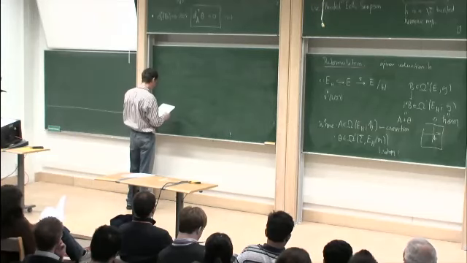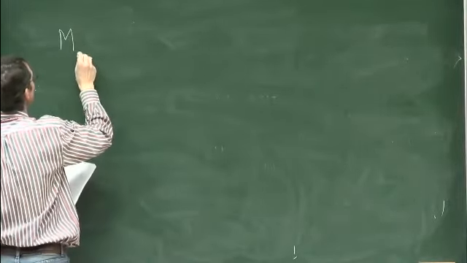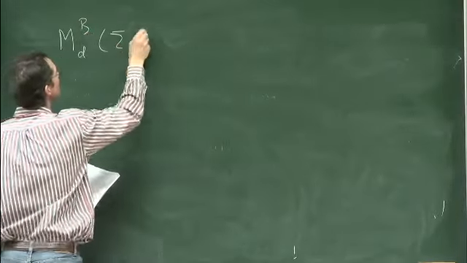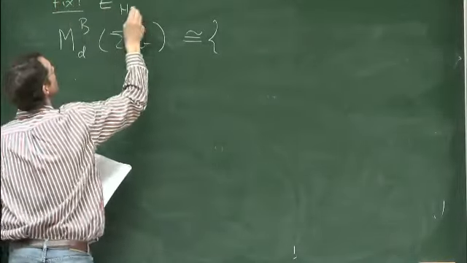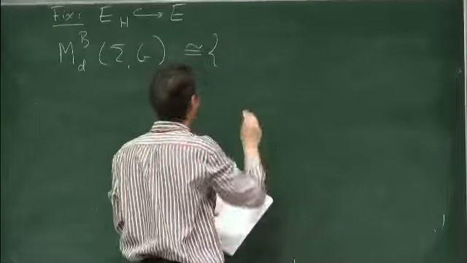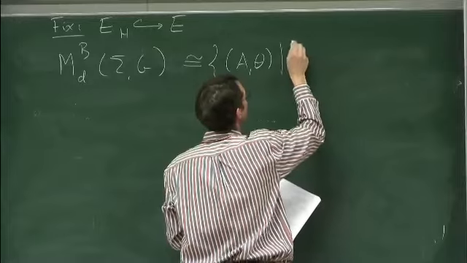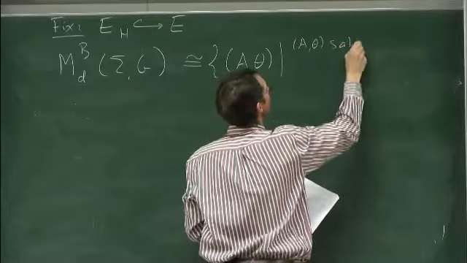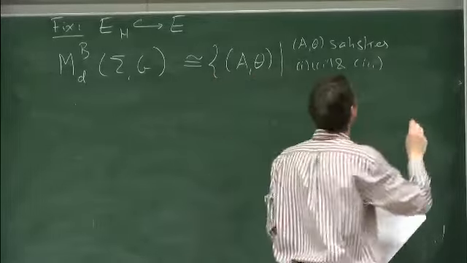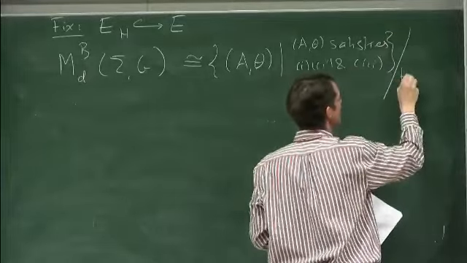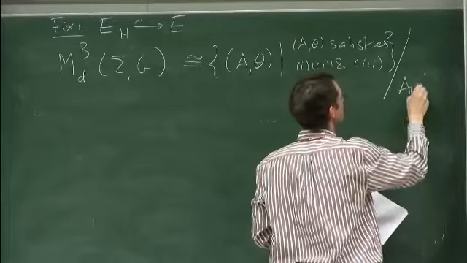So we can altogether write down that our character variety M_B(Sigma, G) can be identified with the space, let's say fix E_H inside E, of pairs A, theta which solve these equations 1, 2, and 3, modulo H gauge transformations, so the automorphism group of E_H.